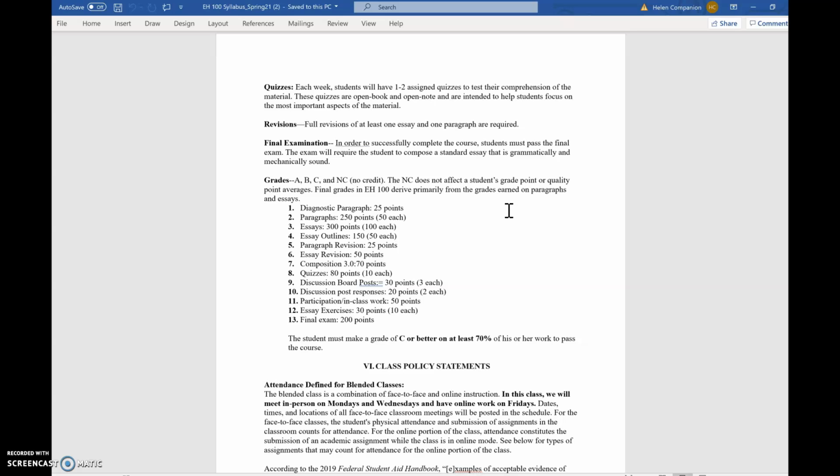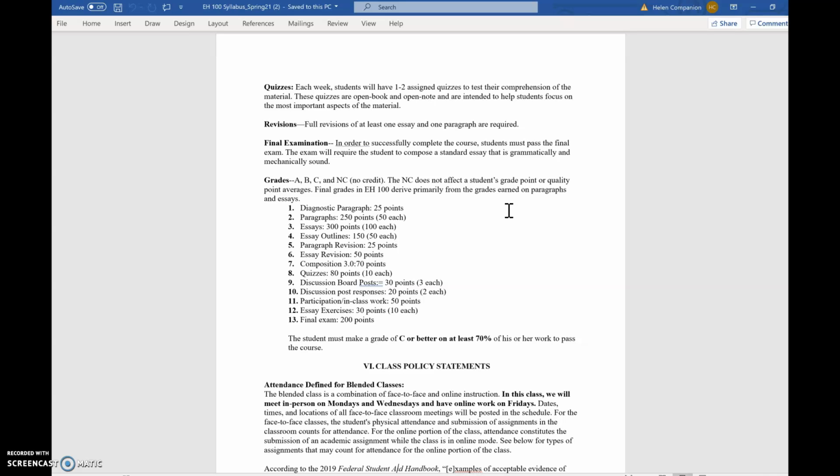In some cases, they may be on reading in McGraw-Hill or on other material. You will see that I haven't gotten those put up yet. I wait until after the diagnostic paragraphs are in to assess what I need to focus on for the rest of the class, so that I can customize the class a little bit more to you, which is one reason why the diagnostic paragraphs are due so early in the semester.